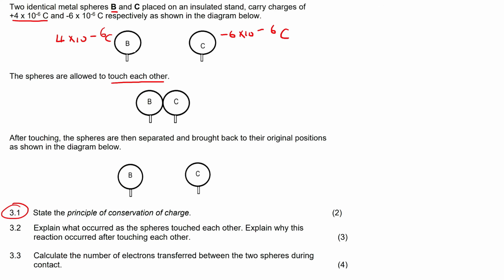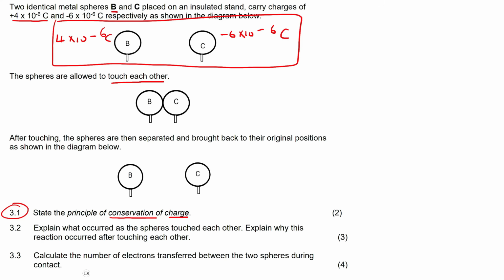First question, state the principle of conservation of charge. So what the conservation of charge tells us is that in this system over here, for example, there is a specific amount of charge, okay? So let's say we have a big box around the system, and we have a certain amount of charge, like we said.